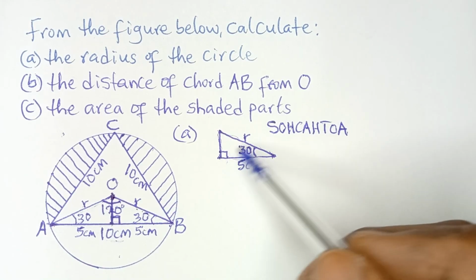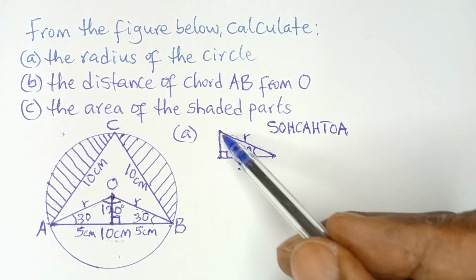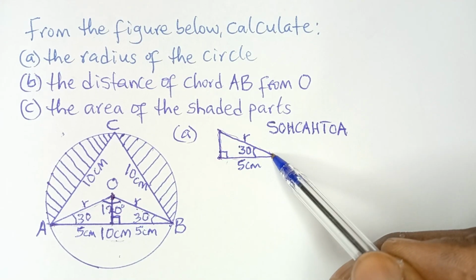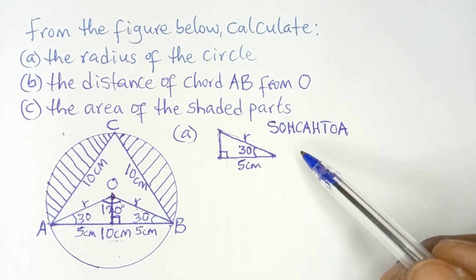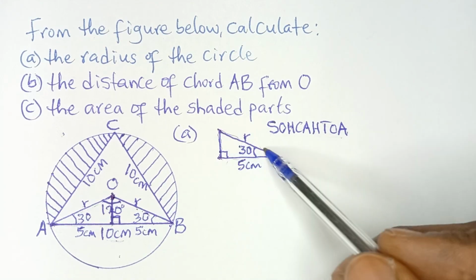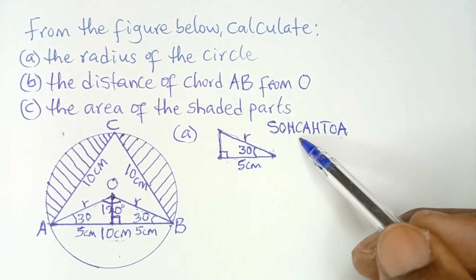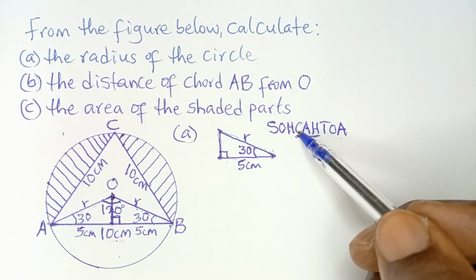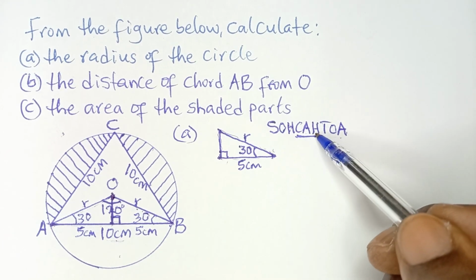So that means with respect to this triangle now, we are looking for the hypotenuse and we know the adjacent side. So we're going to use SOHCAHTOA to look for the part that connects hypotenuse and adjacent. And that will be the part that is CAH. C means cosine, A adjacent, and H hypotenuse.